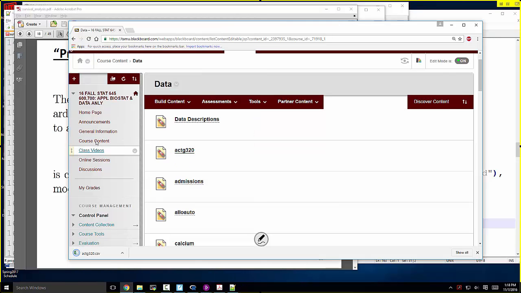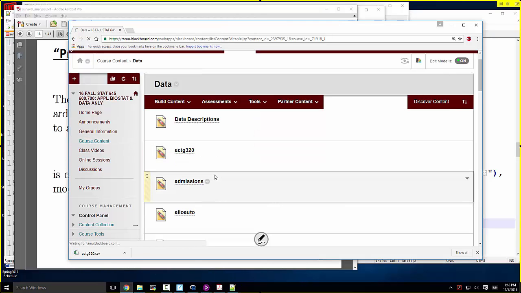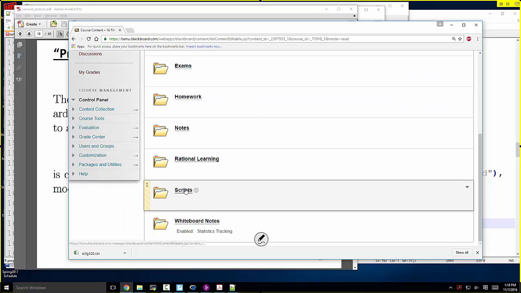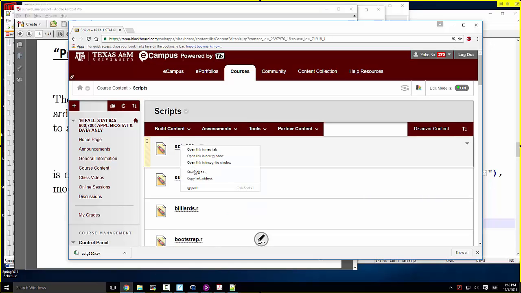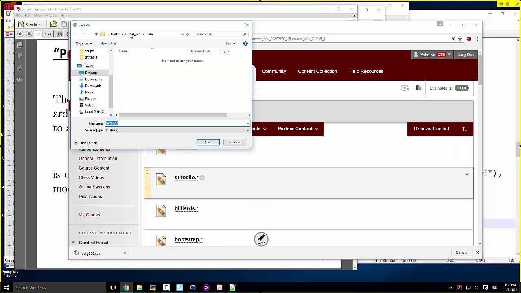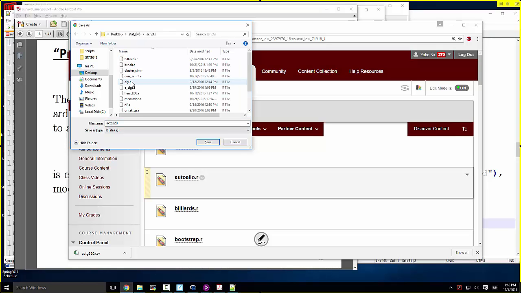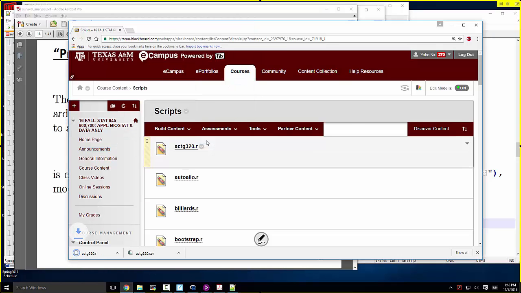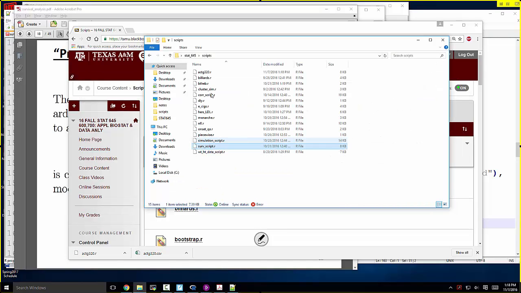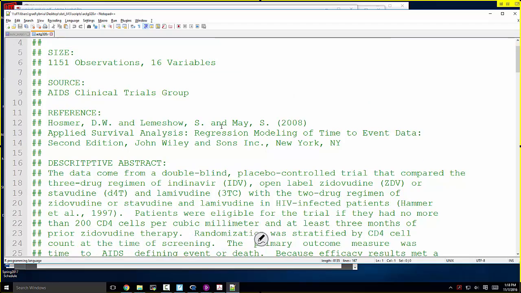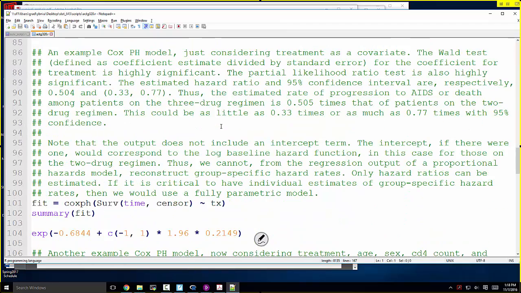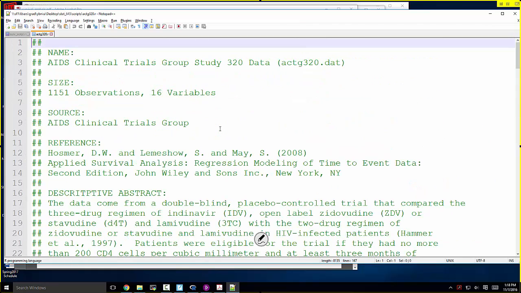And let me see if I have a script. Okay, so these are survival data.